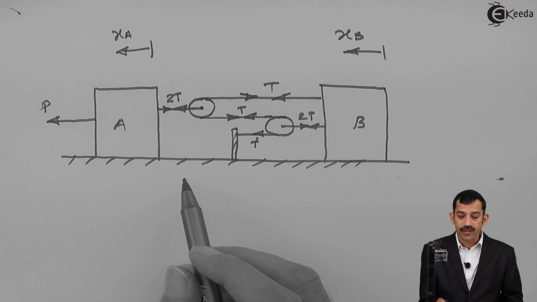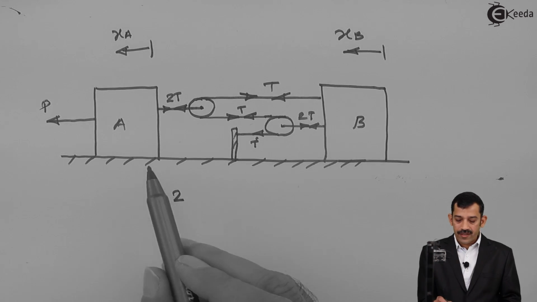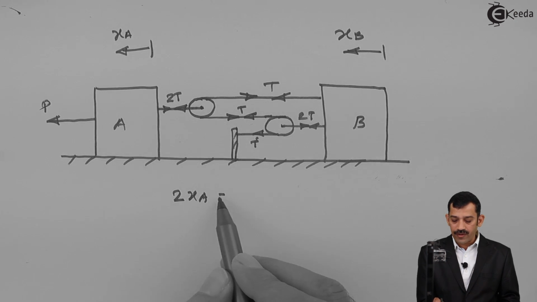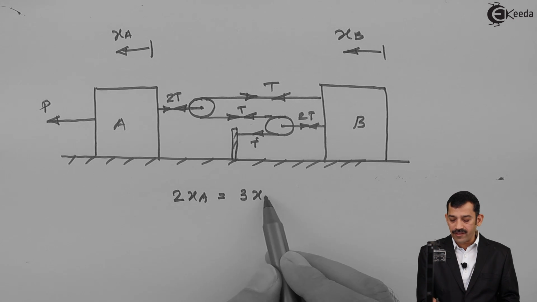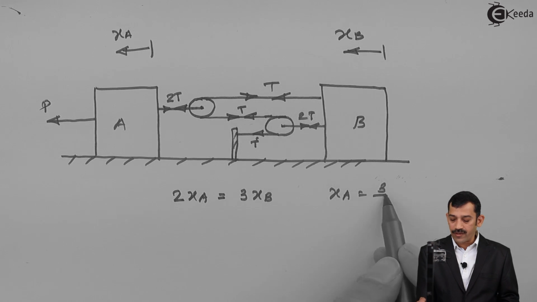How many tensions are acting on block A? 2 times. On block A the tension acting is twice T, therefore 2 times XA equal to, on block B, how many tensions are acting? 3 tensions, therefore 3 times XB. That means you can say XA equal to 3 by 2 XB.